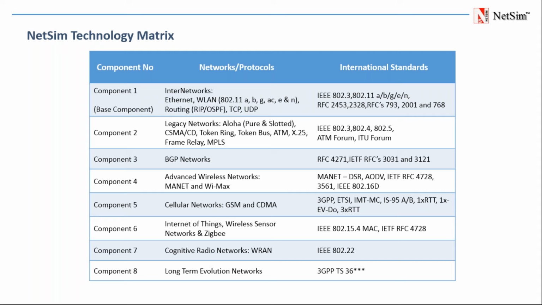Component 6 has IoT, Internet of Things, wireless sensor network, and the ZigBee protocol. Then component 7 has cognitive radio network, that is wireless regional area network. And component 8 has LTE, long-term evolution, and LTE-A, that is long-term evolution advanced. So NetSim is divided into these components only.